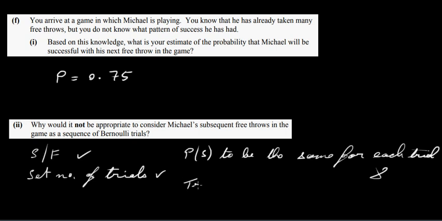Trials are not independent in this particular case. So the probability of him being successful or not successful with a particular throw changes depending on the previous throw. So trials are not independent. This would be the answer here. Or the probability of success changes with each trial. So that's really it for this question.